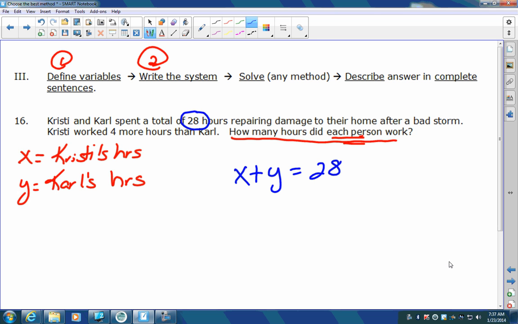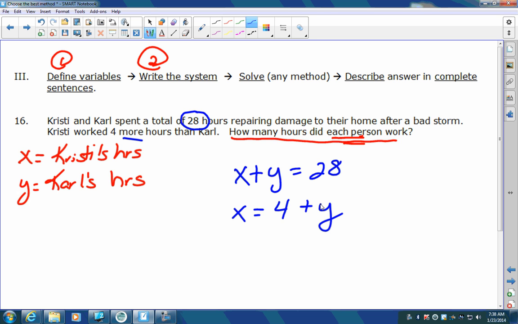Then the next thing you look for says, Christy worked 4 more hours than Carl. Who worked more, Christy or Carl? So you're going to write Christy, which is X equals 4 more hours means add than Carl. This is set up. What's the easiest way to solve this one?